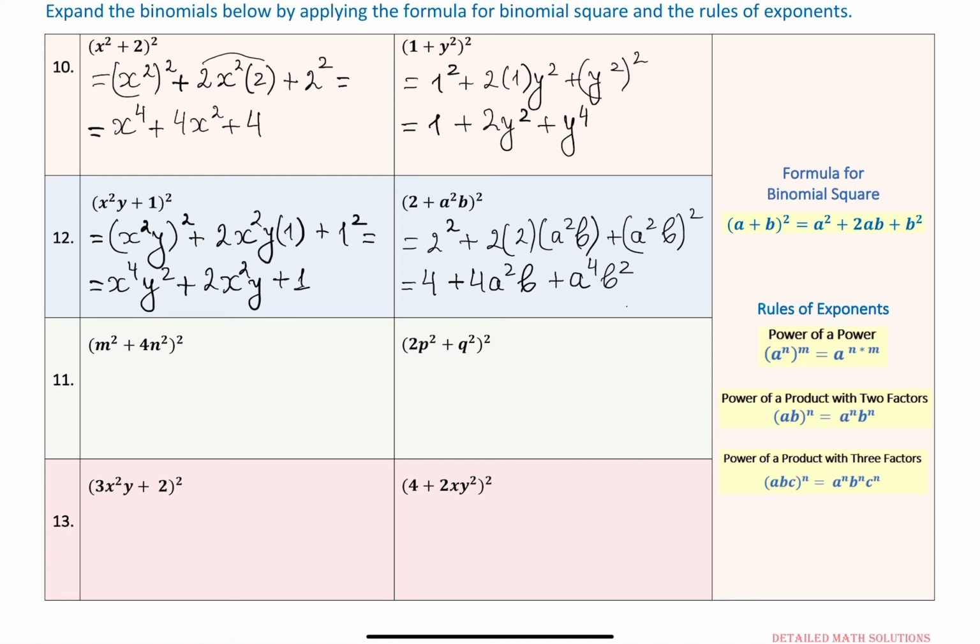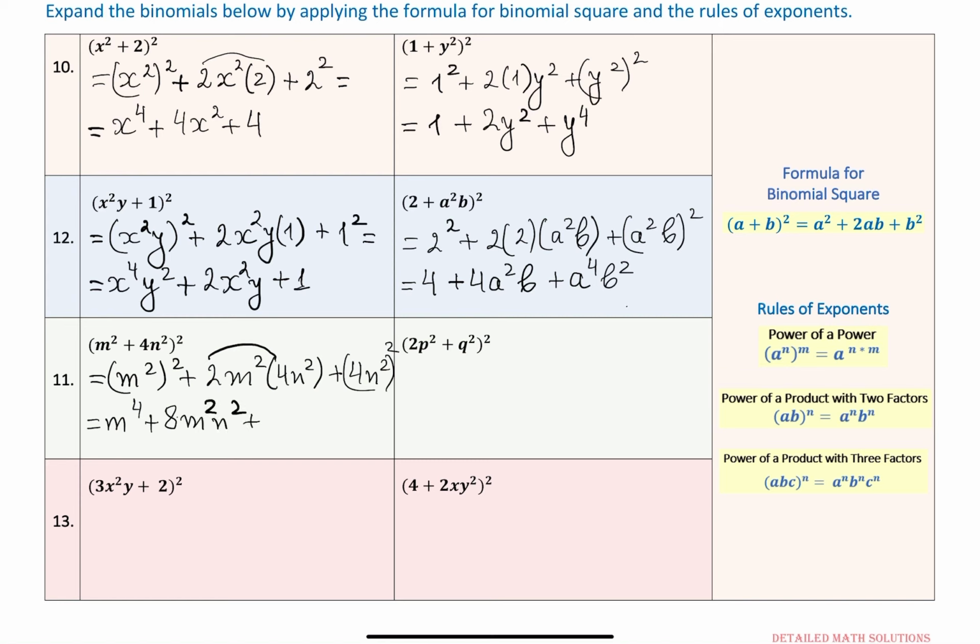Next exercise, (m² + 4n²)². This equals (m²)² + 2 times m² 4n² + (4n²)². (m²)² is m⁴ + 2 times 4 is 8m²n².